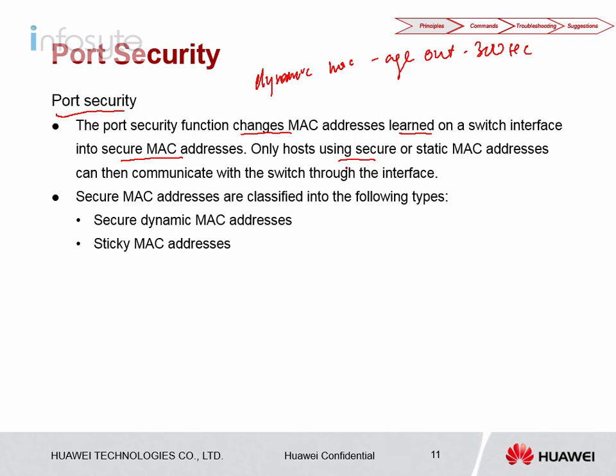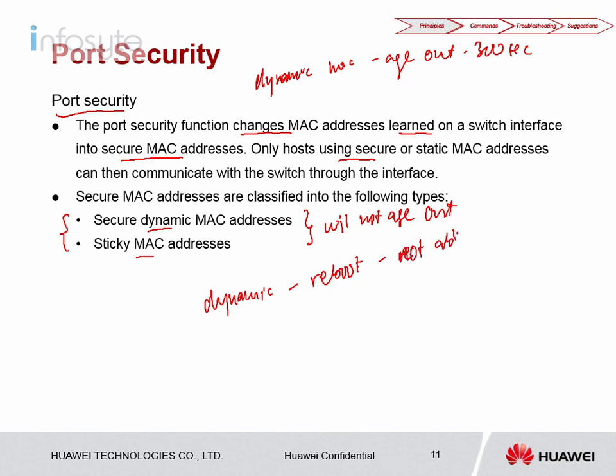Now there are two ways for us to enable the secure MAC address. Firstly is using dynamic, and secondly is using sticky. Both of them will not age out. The only difference between the secure dynamic and the sticky MAC address is that when we use dynamic port security and you reboot your switch, the switch will not be able to retain the MAC.